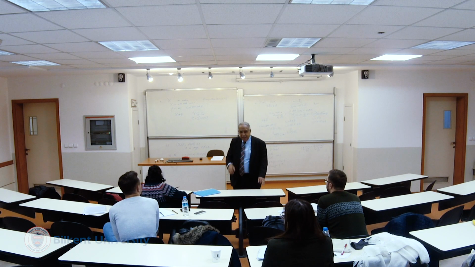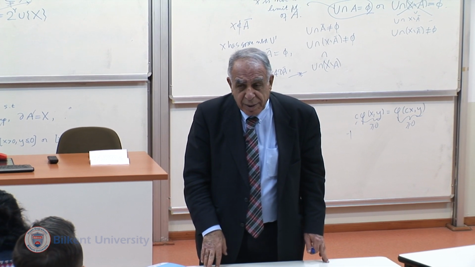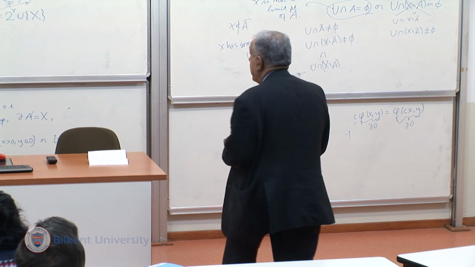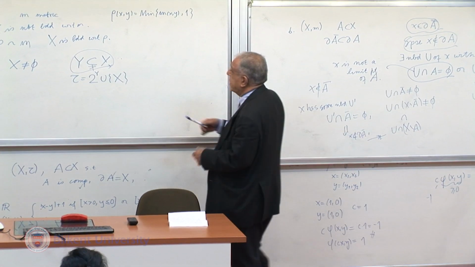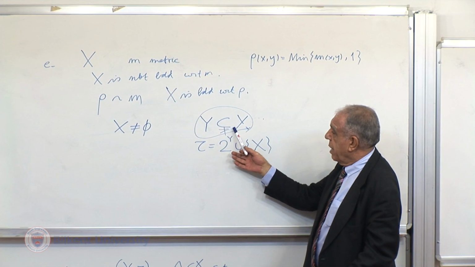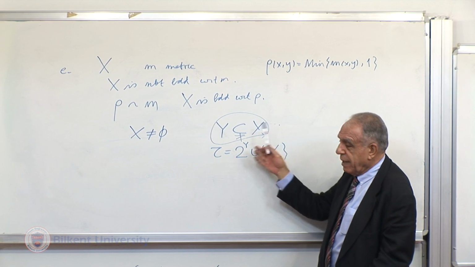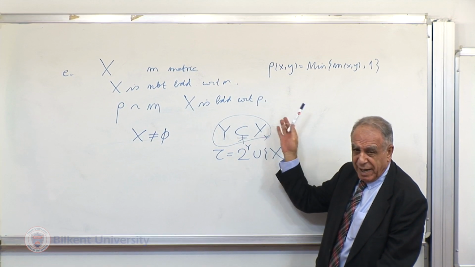If it is empty and X is one. That's non-metrizable. Well, X is one element. But then this should be non-empty. Okay, X has one member. Okay, in that case, it's metrizable. Only in that case.